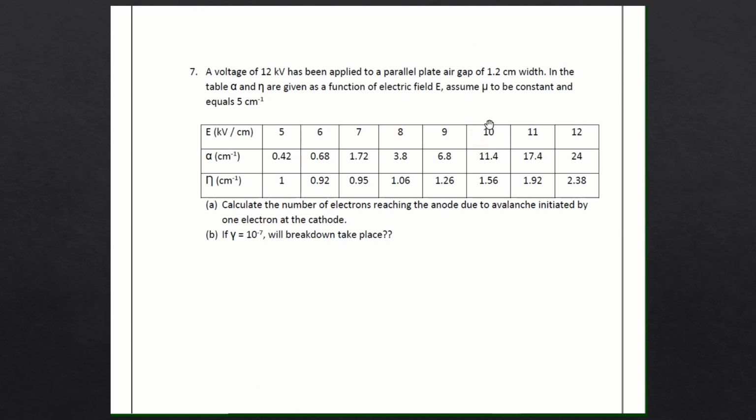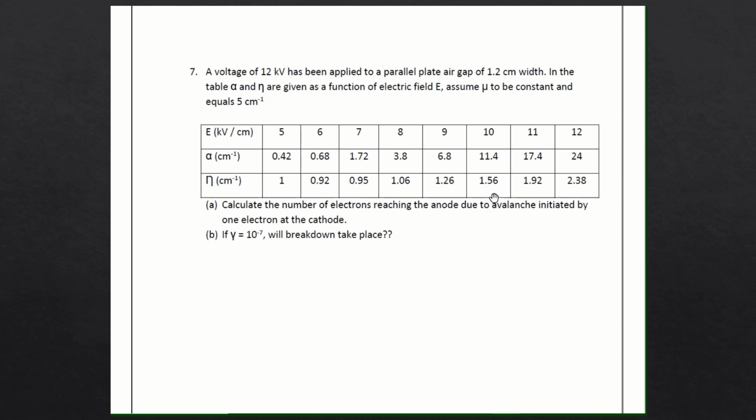So now we can know the value of the ionization. Under the 10 column, the ionization is 11.4, and the attachment coefficient will be 1.56. So this is the way we use the table.